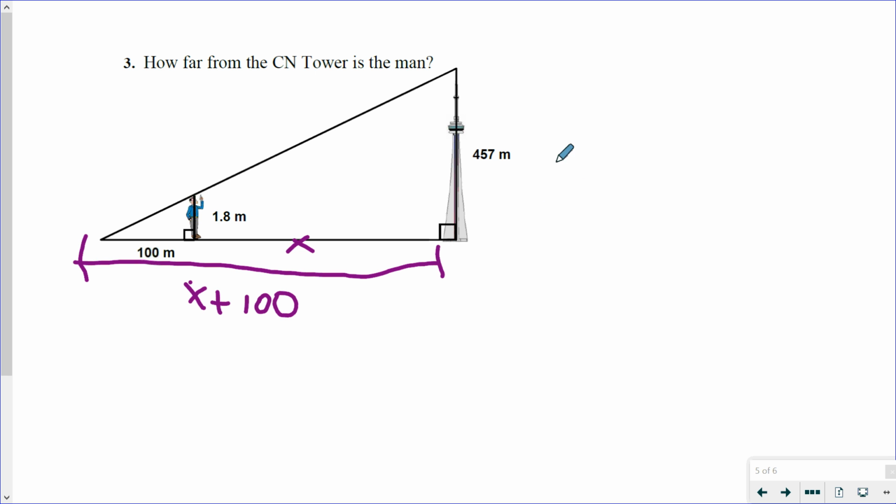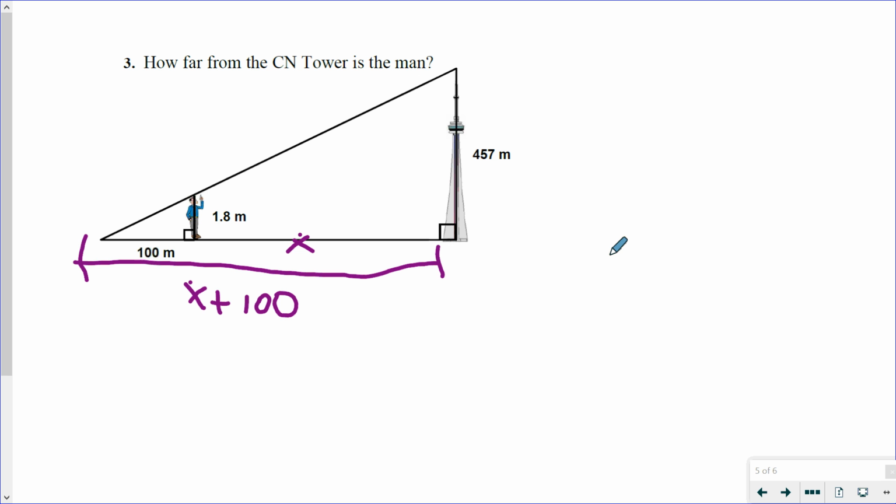So now we need to go ahead and set up a proportion and solve for the unknown. Now remember, we're looking for the distance that the man is standing away from the tower, which is x. So we're looking for x.